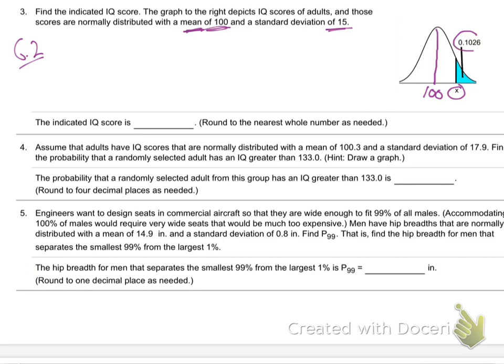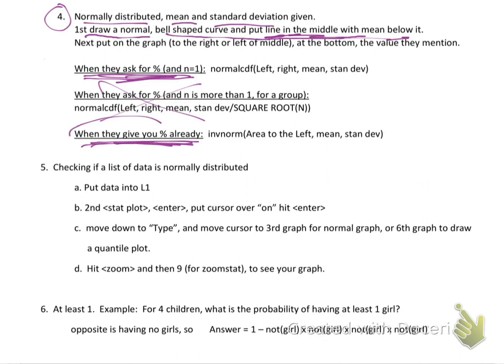Well, here, it's a decimal, but it's the same thing as a percentage. It's a decimal version of a percentage. They're giving us a percent on this one. Okay, so what does that mean? If they give you a percent already, use an inverse norm.